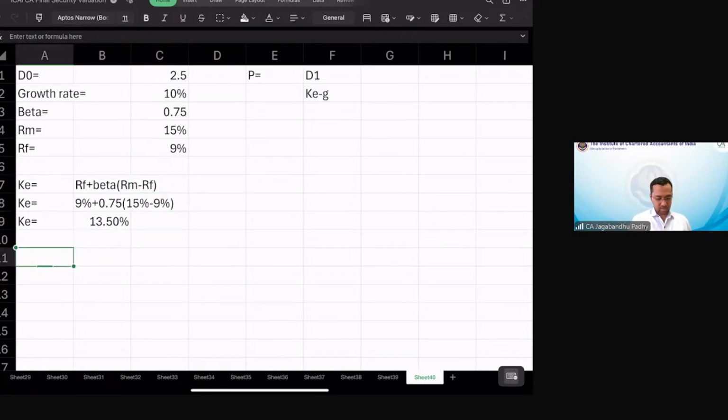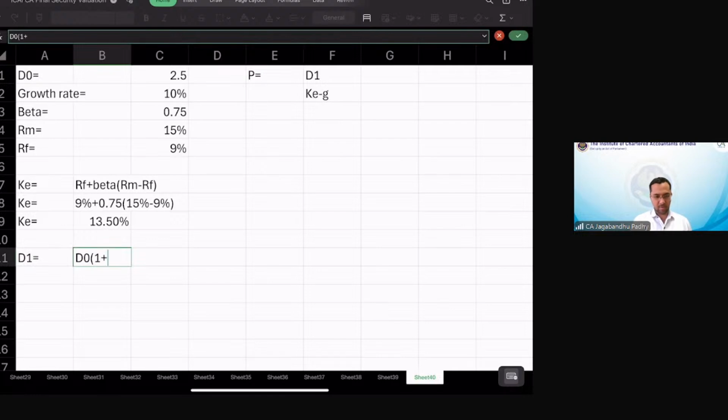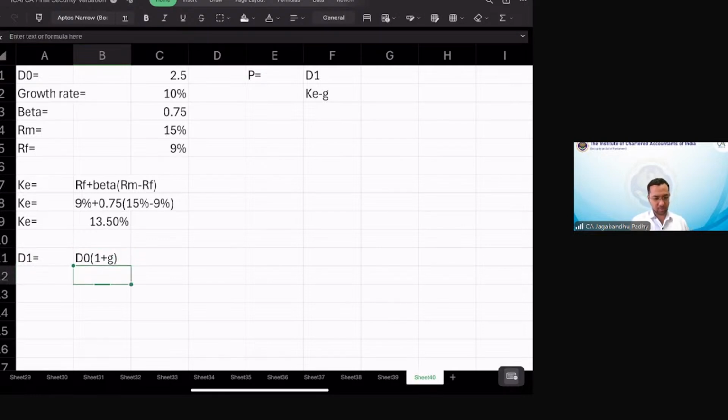Now we also need D1, which is D0 multiplied by 1 plus the growth rate.